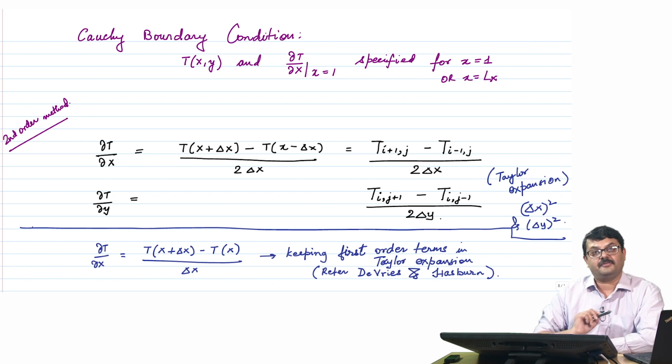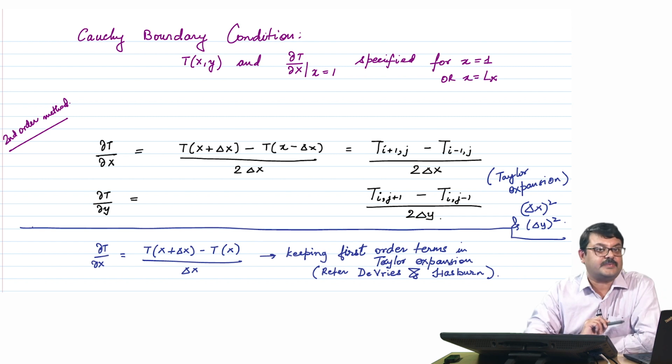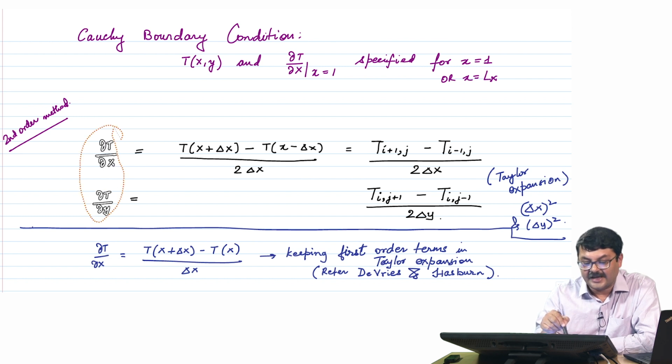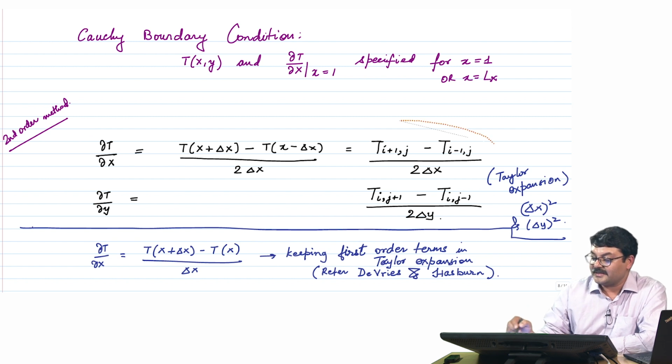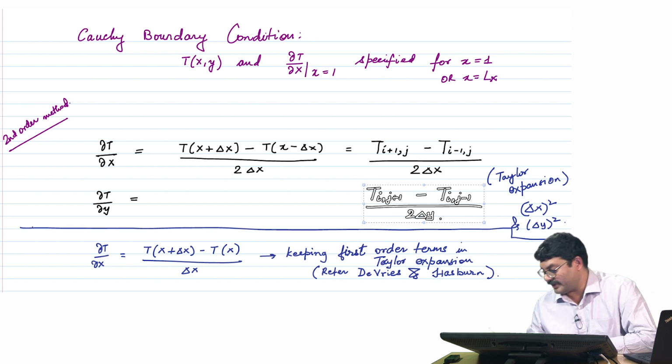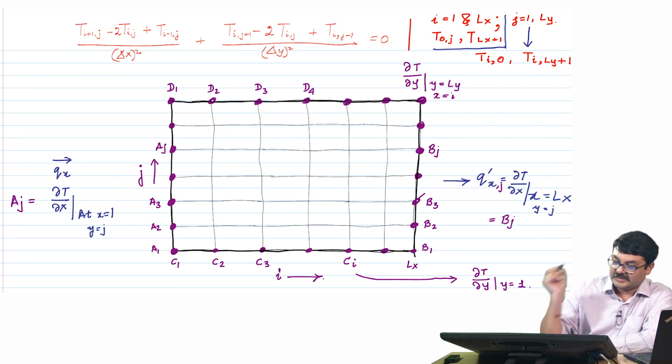So, this is what is essentially specified. When you specify the Neumann boundary condition, you are specifying del T del x at the boundaries, which will have some values, and that in turn can be written by these formulas, right, the finite difference method.